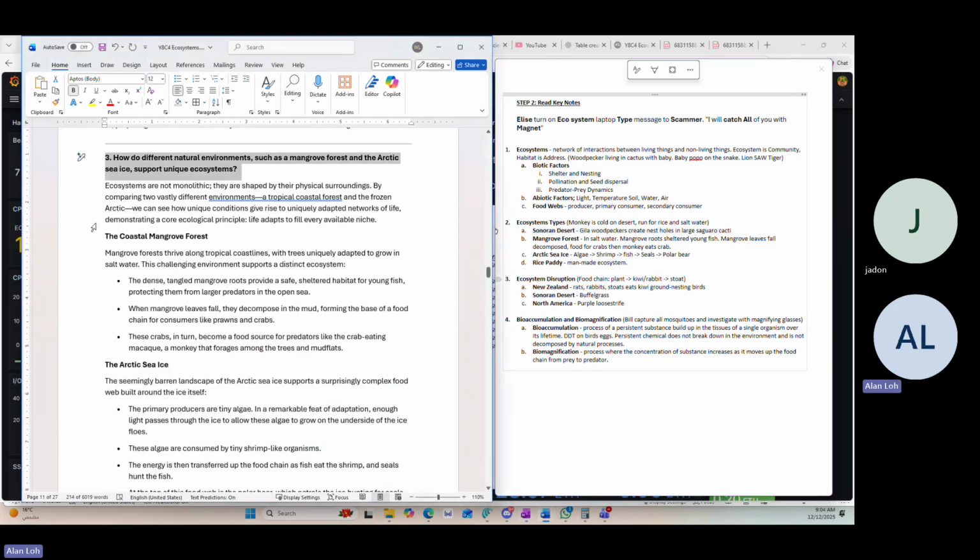Okay, read the question and tell me which drawer. Which drawer? Drawer 3. Can you check again? Which drawer? Drawer 2. Yes, because it's talking about mangrove, it's talking about Arctic, right? Mangrove and Arctic.